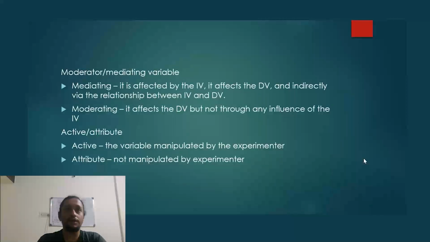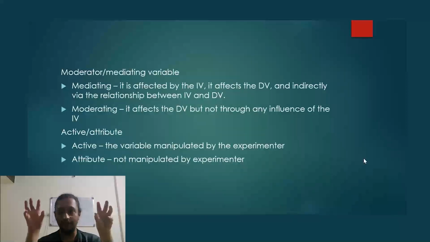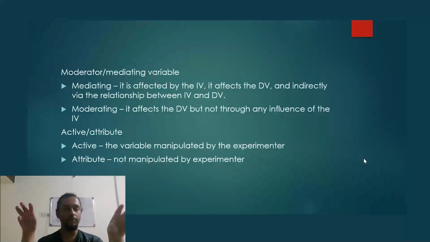So say, take this example only, like playing basketball and attention. You play basketball, attention improves. So independent variable, playing basketball, is manipulated, and it's affecting attention levels, right? Suppose you found that playing basketball is related to an increase in attention levels.